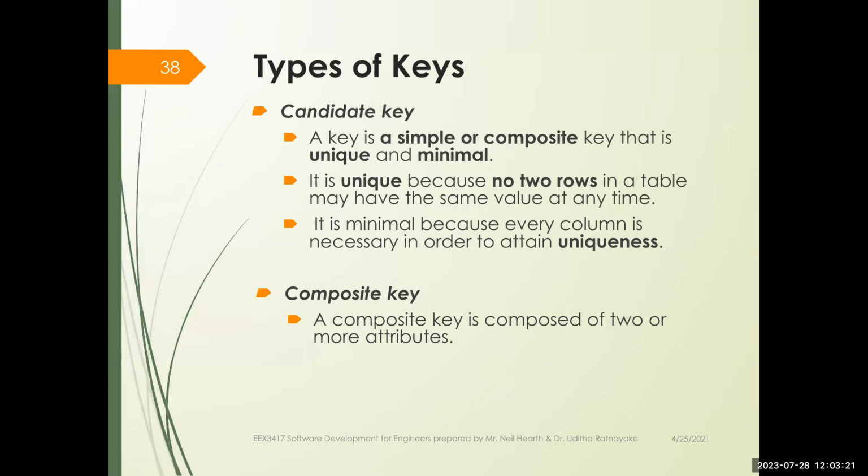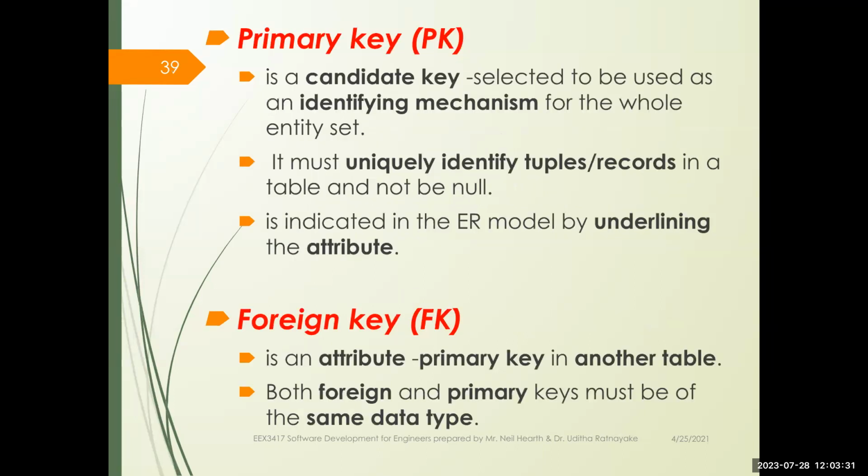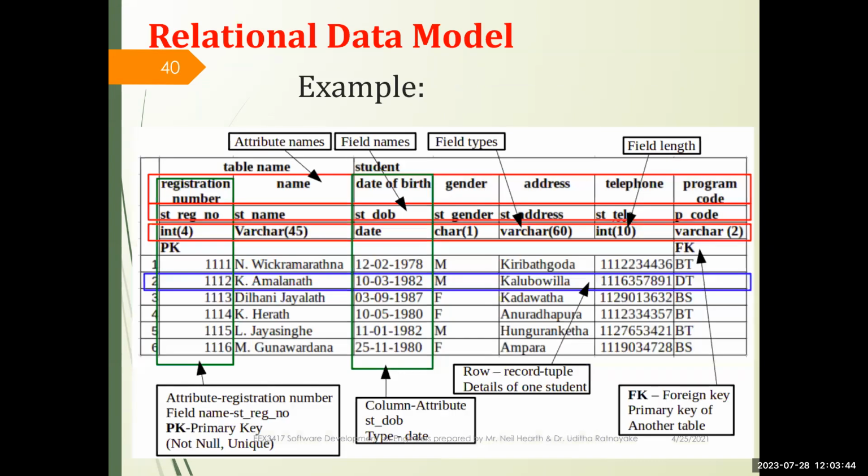Composite keys: we can use two keys from these two tables as one key. Primary key is that one. Foreign key is a primary key in another table. I will explain those things later.